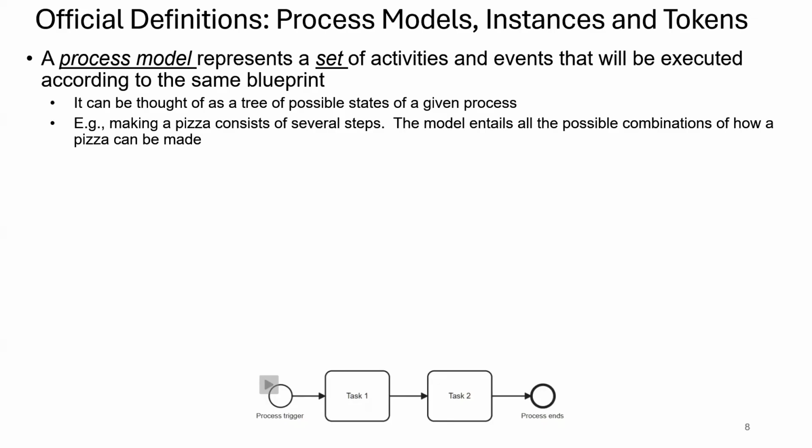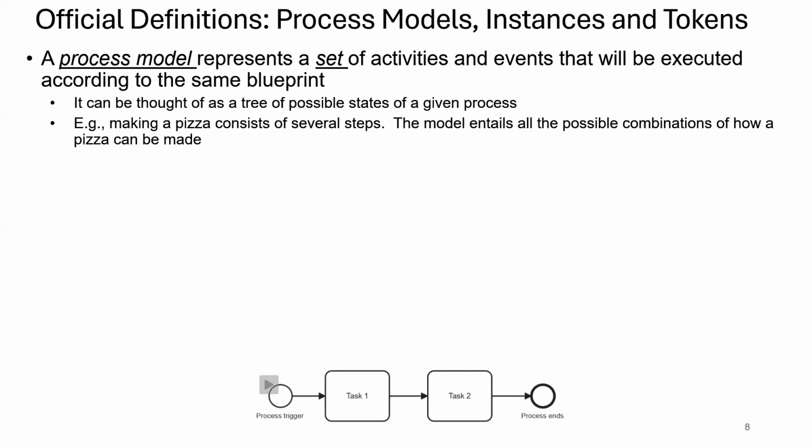Now, if we are also trying to make it a bit more realistic, think of another example: pizza making. To make a pizza, you need to go through several steps, right? So maybe for one client, you want to make a pepperoni pizza, and for another, you want to make a pizza with, I don't know, only quatre fromage, four cheeses.